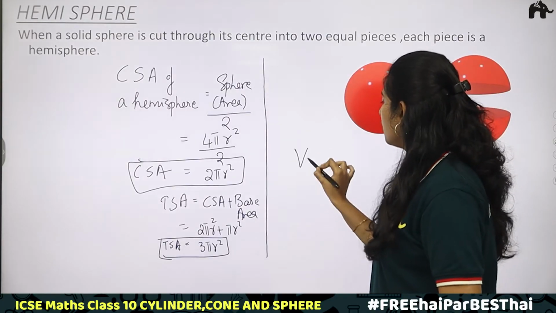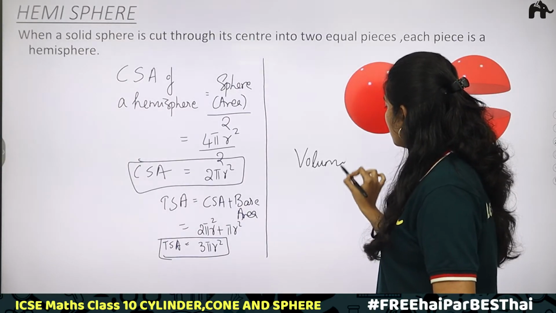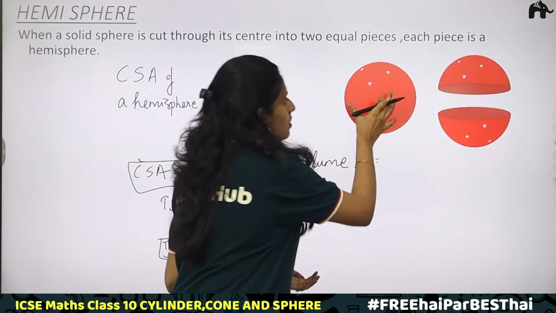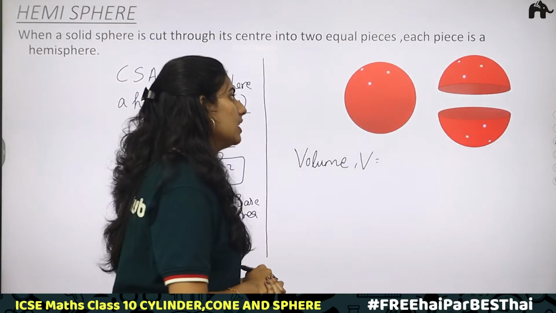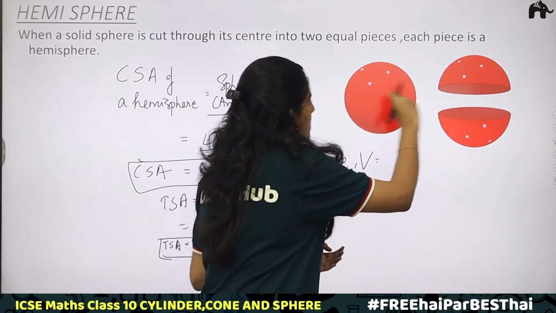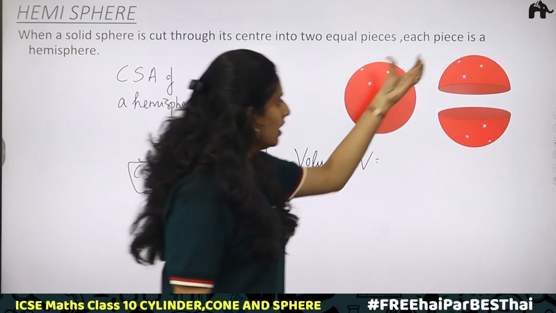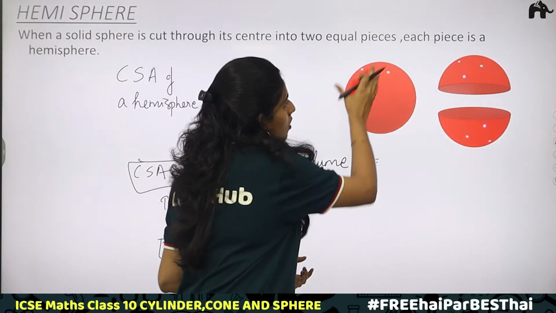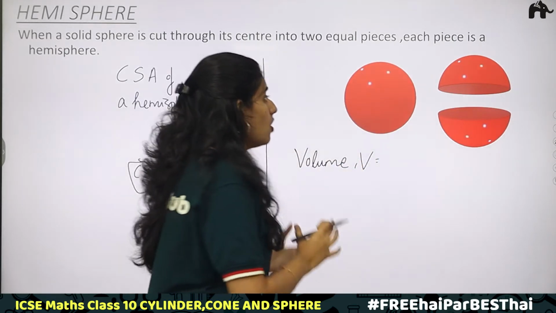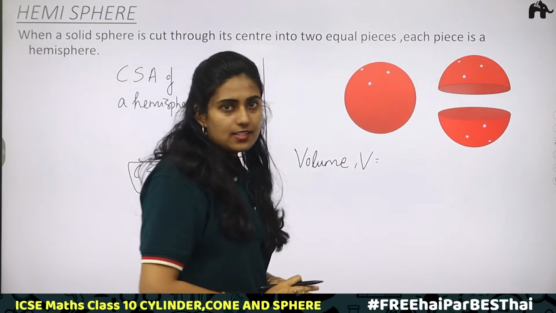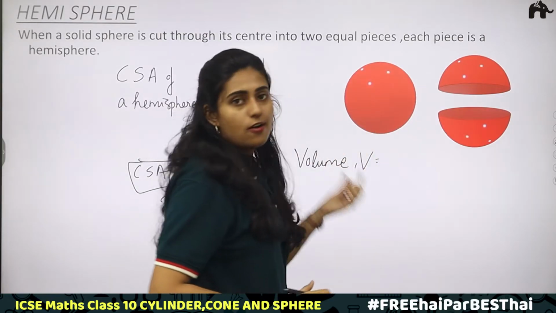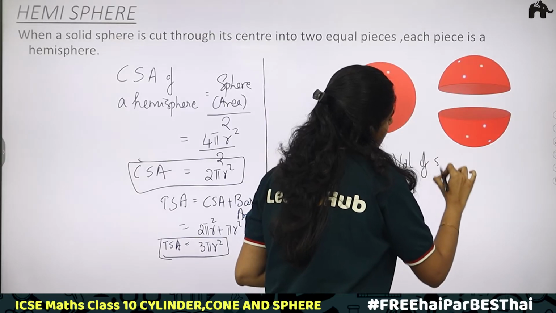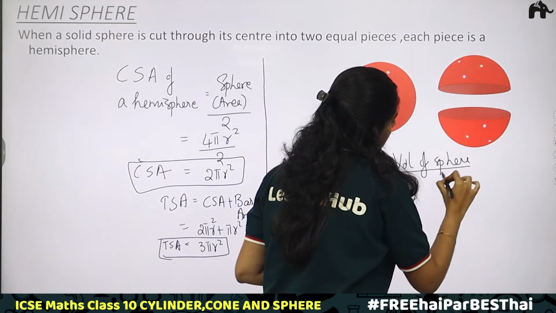Next, to find the volume. Volume again. So how much can the sphere hold? We know the volume of a sphere is 4 by 3 pi r cube. When the sphere is cut into two equal halves, each half can hold a volume that is equal to half the volume of the sphere. Which means the volume of hemisphere will be equal to volume of sphere divided by 2.